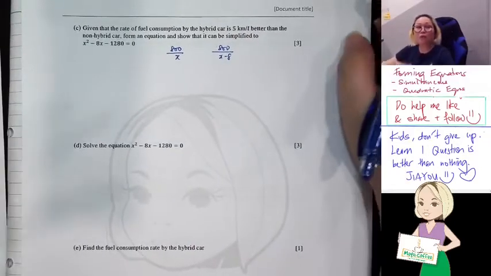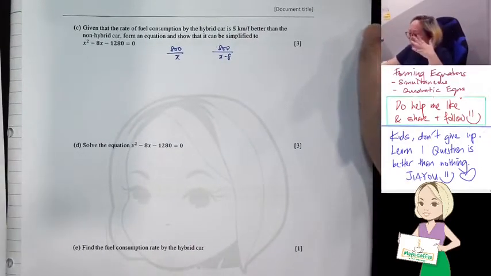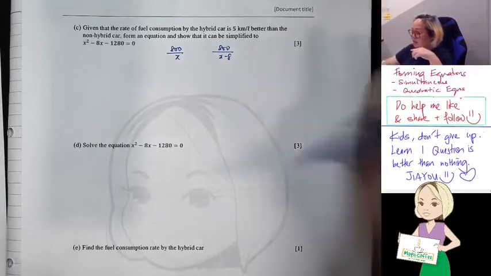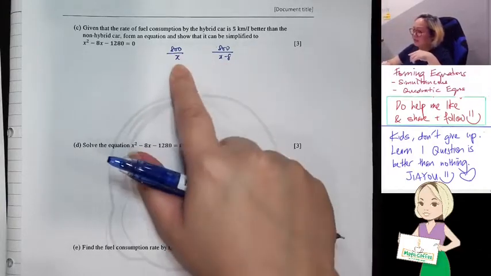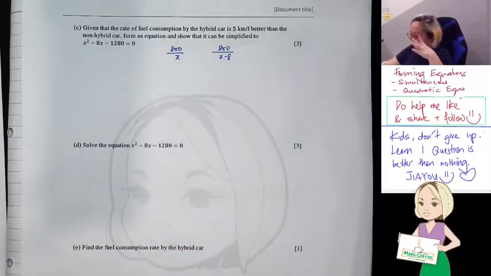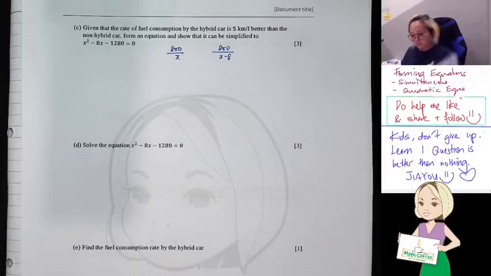You have to decide which one is the larger number. Is the left hand side the larger number, or the right hand side?